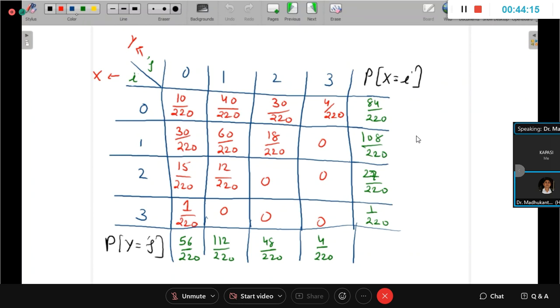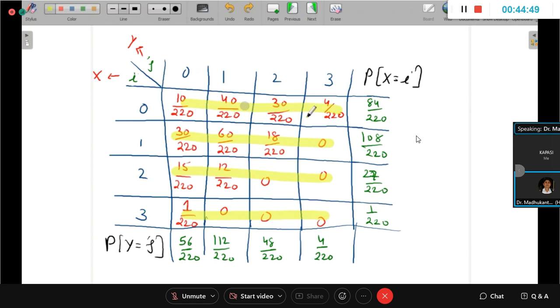So you have these values, which are the paired values, 0 comma 0 and other pairs. This column is for x values. This row is for y values: y equals 0, y equals 1, y equals 2, y equals 3. This is for x equals 0, x equals 1, x equals 2, x equals 3.